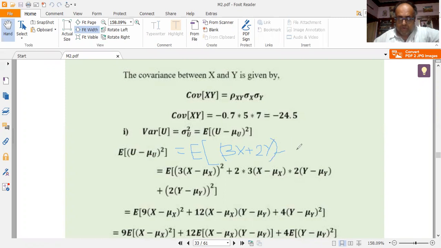Minus mu u also would be given by 3 mu x plus 2 mu y. Sorry, let me write it properly. Whole square, again square bracket.